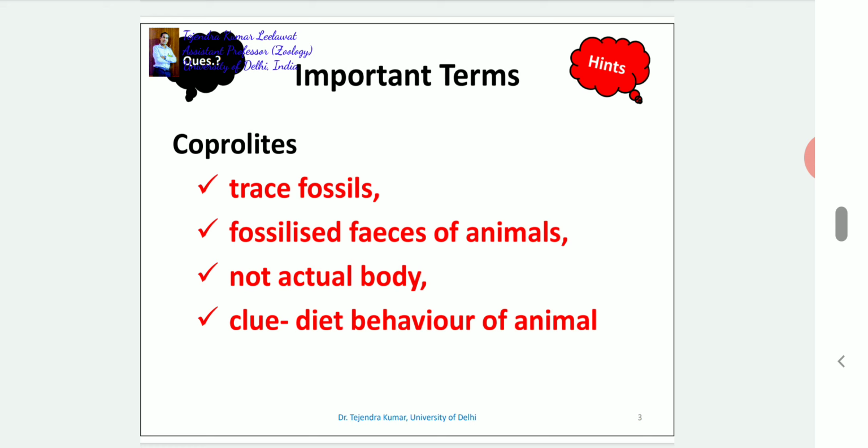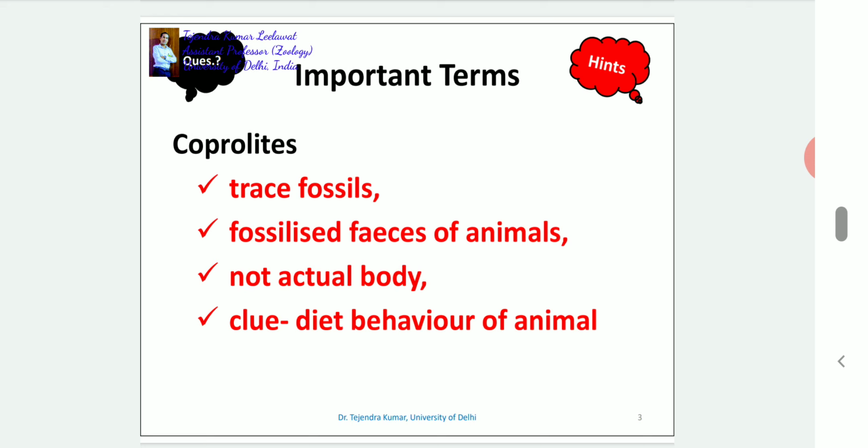So coproliths or coprolites are trace fossils, and these are fossilized feces of animals, not a body, as I told you. These give us some clue about the behavior of the animal. How do they give us a clue?